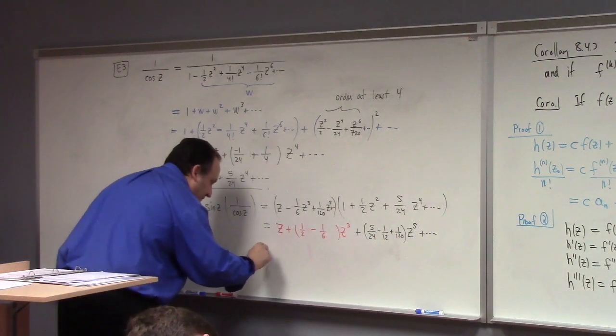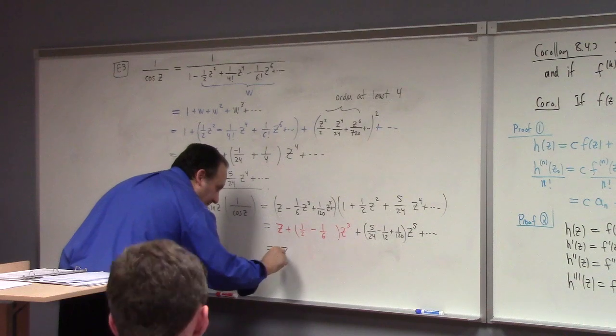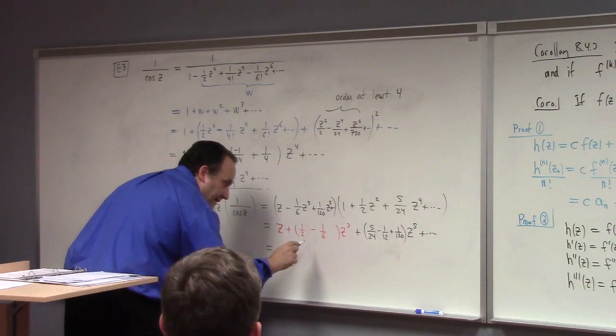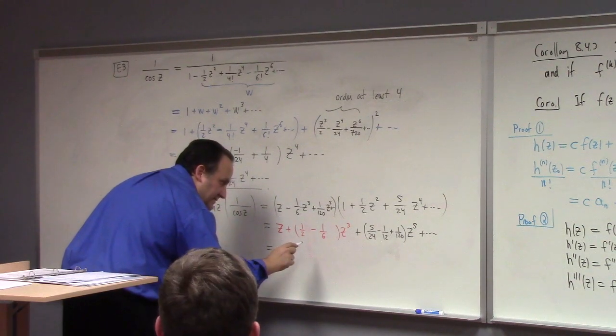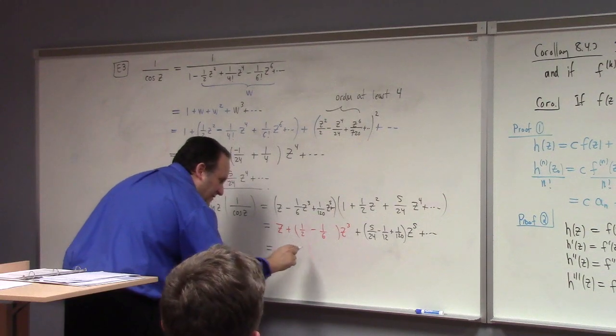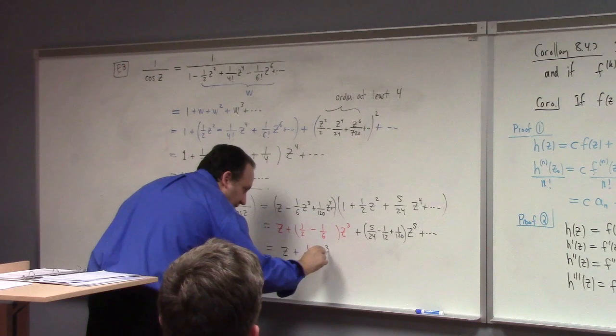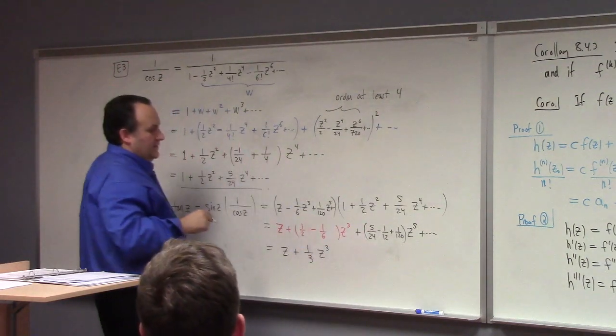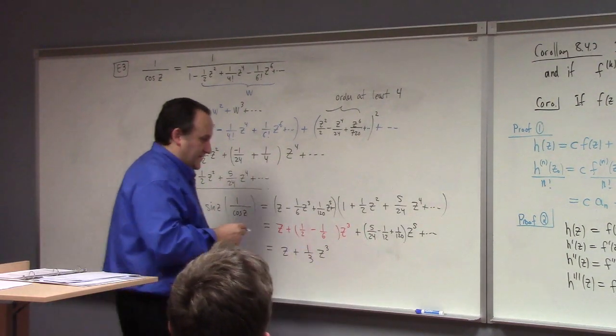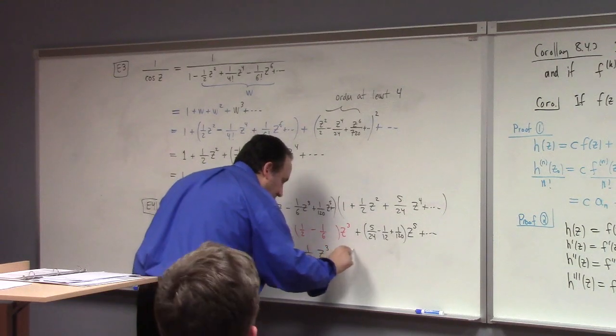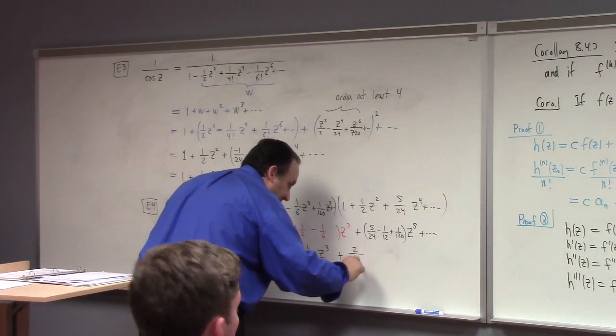And what's that all work out to? Well, you got yourself a z. I believe that is 1/3 z cubed. And what's that work out to? 2/15? Cool. Thank you. That sounds right.